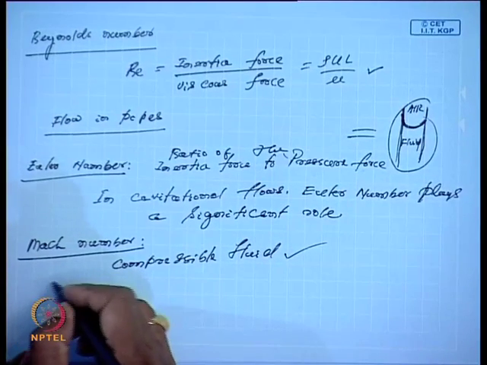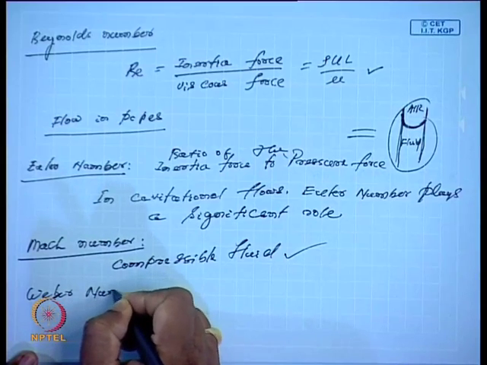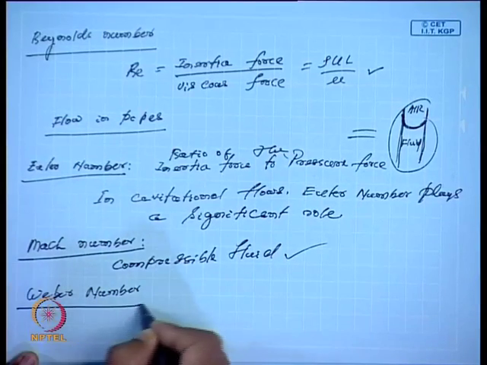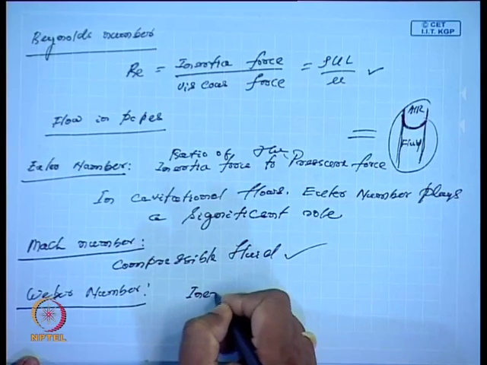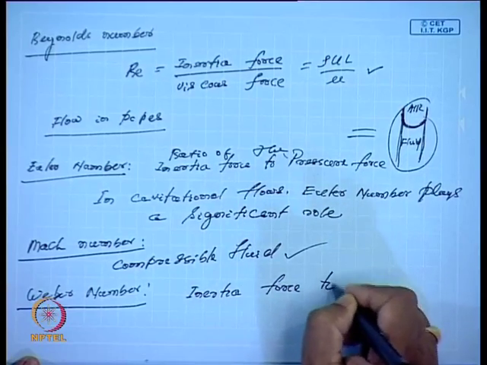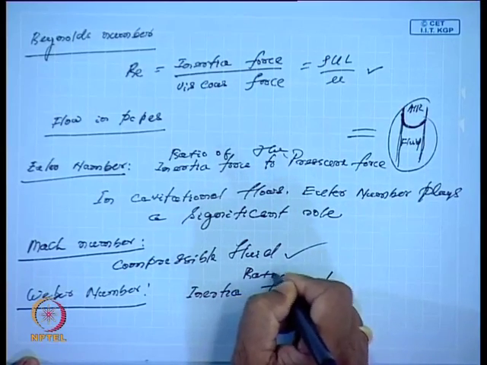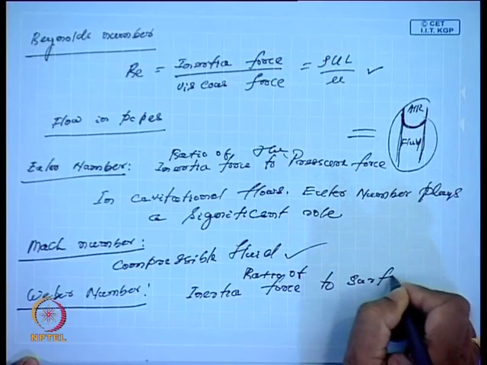Then we have the Weber number. The Weber number is the ratio of the inertia force to the surface tension force.